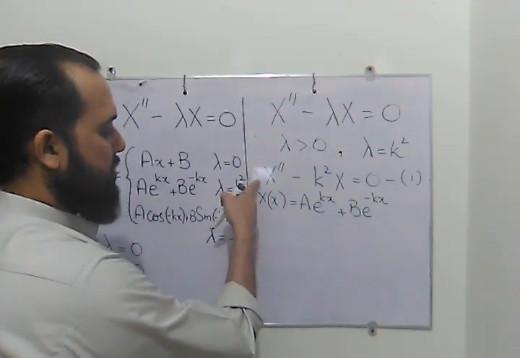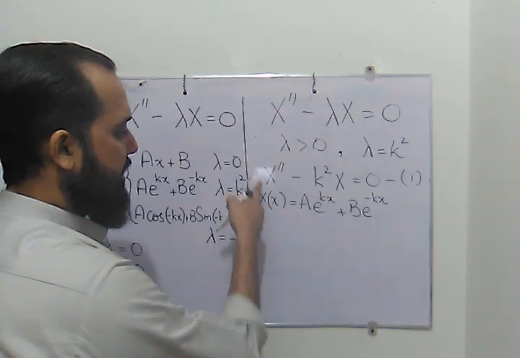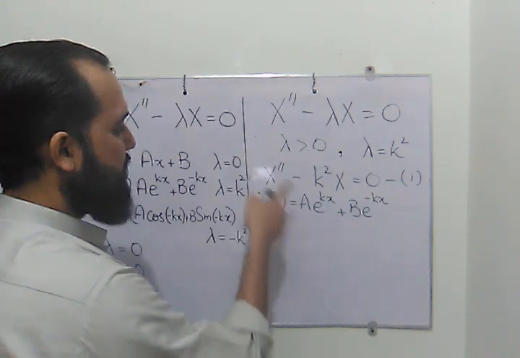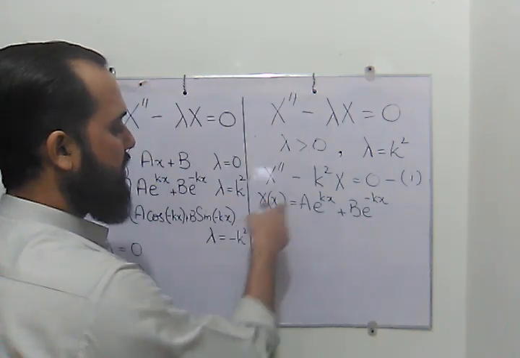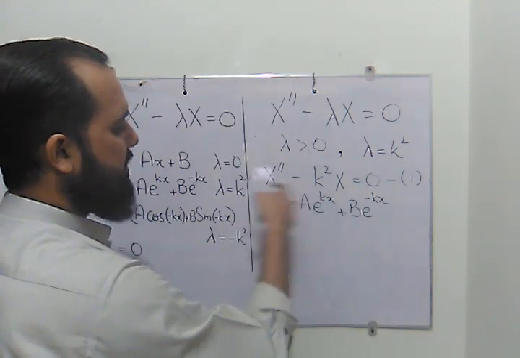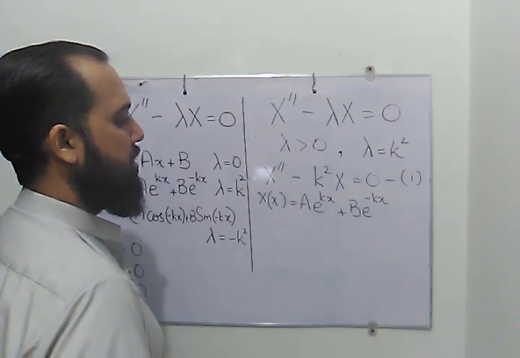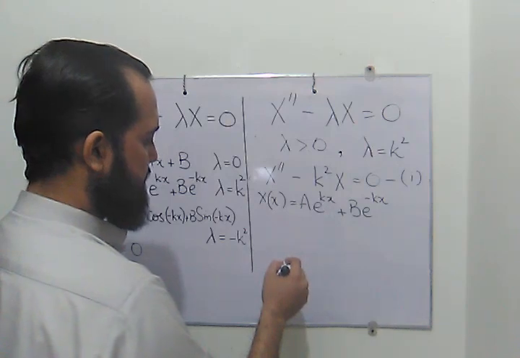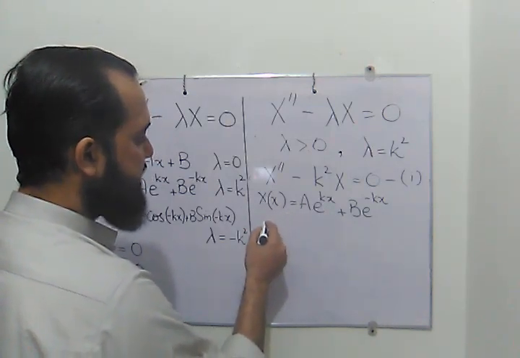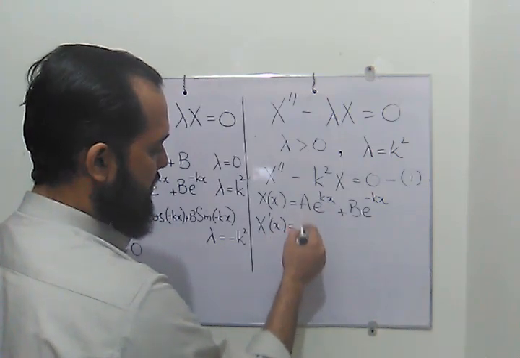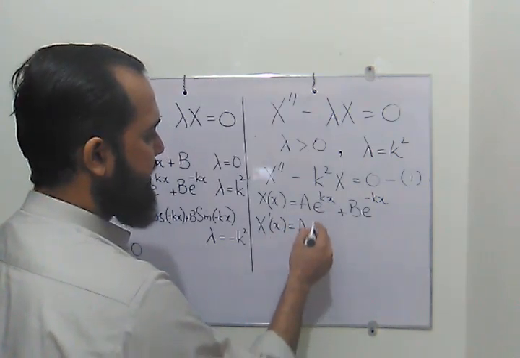Since we need the double derivative of x here, we have to differentiate the solution twice, and we put the value of x here, and the right hand side should be 0. So we take the first derivative with respect to x. The constant would be outside the derivative.